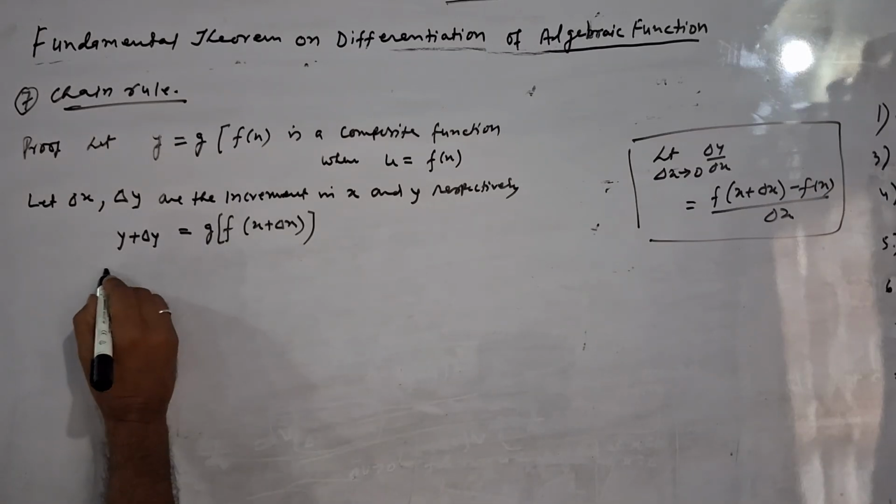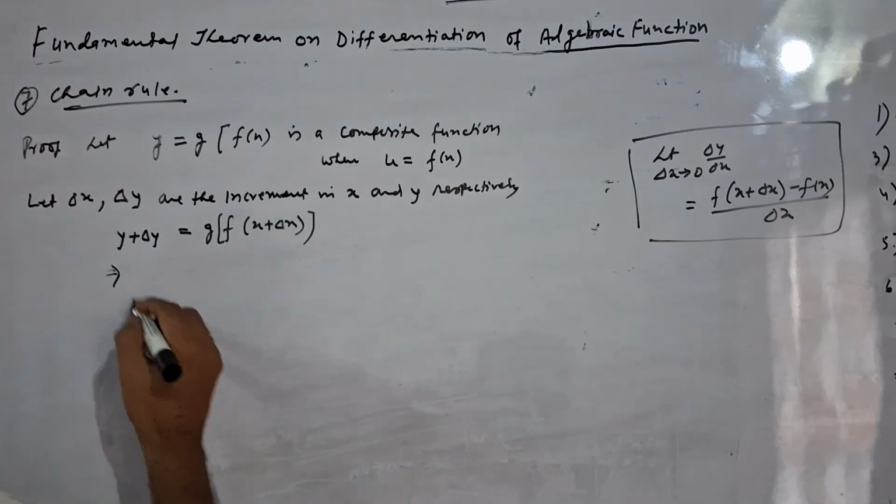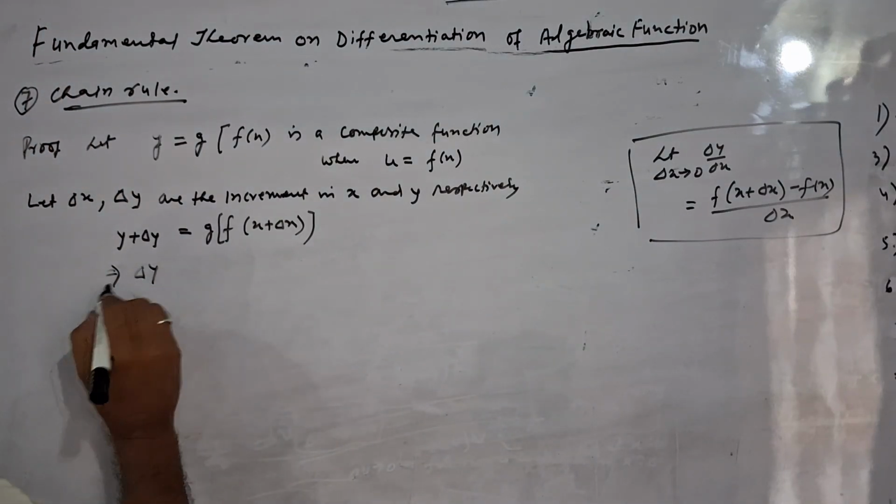Now rearrange it. What do we want? Delta y by delta x. Keep delta y on this side.